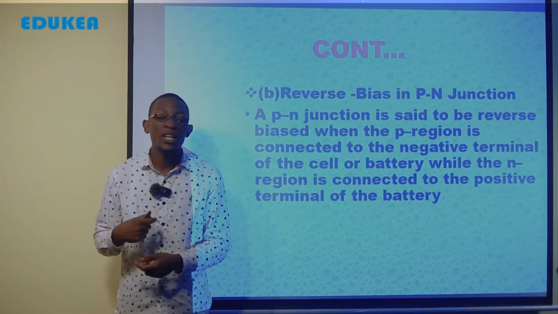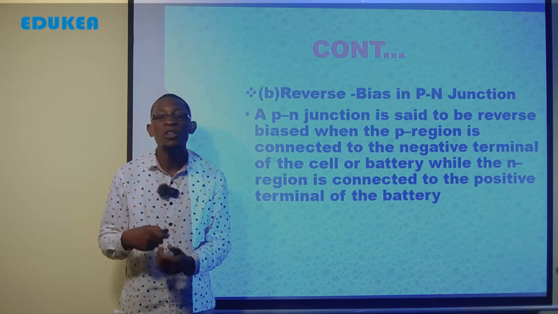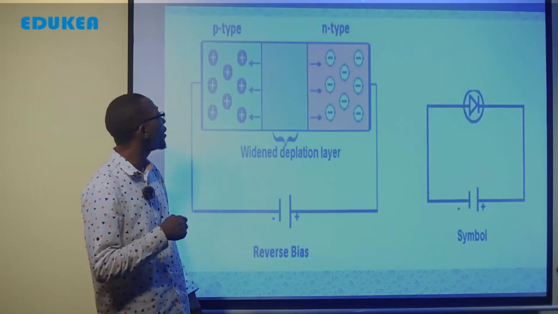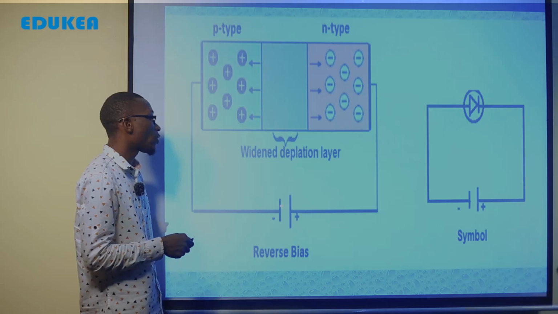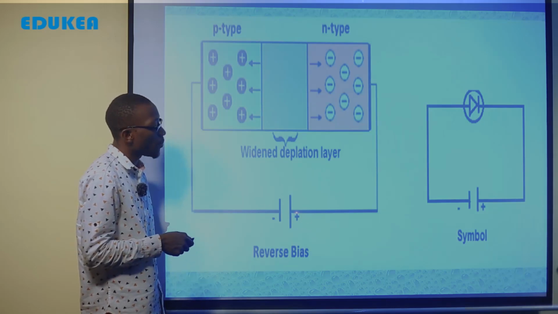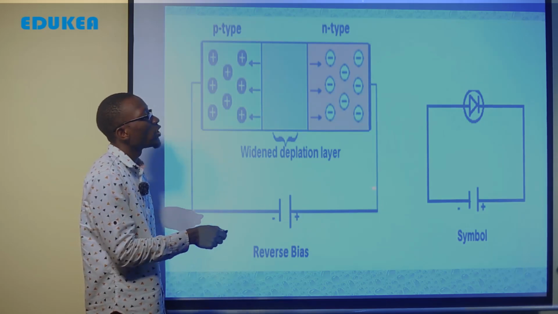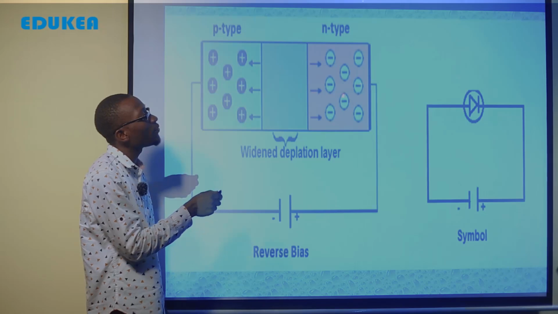Yani this is the P region ambayo ni positive, ukija connect na negative, and this is the positive power supply source. Ikiwa imeconnectiwa na negative kwenye P type, basi tutakuja kupata what we call reverse bias.